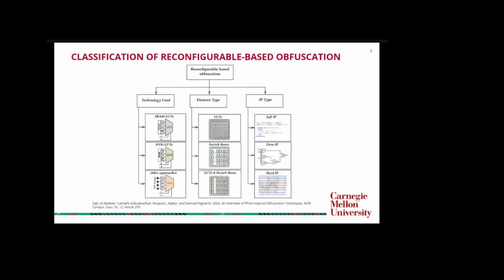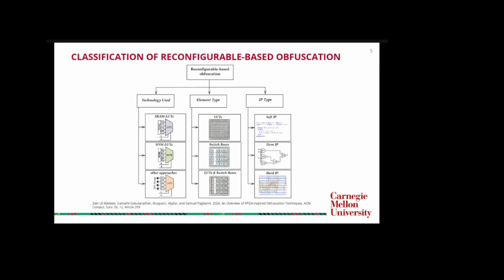If we go into detail, there are, for example, spin-orbit technology, and other approaches like MRAM LUT, magnetic memory based logic. So there are different types of technologies to store the bitstream of the logic, right?